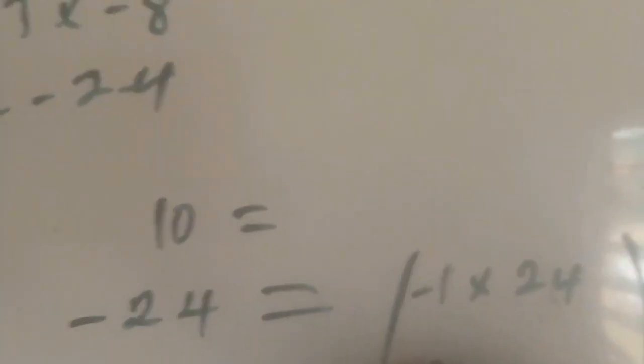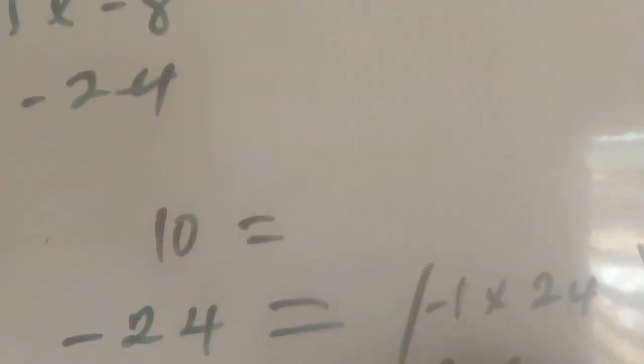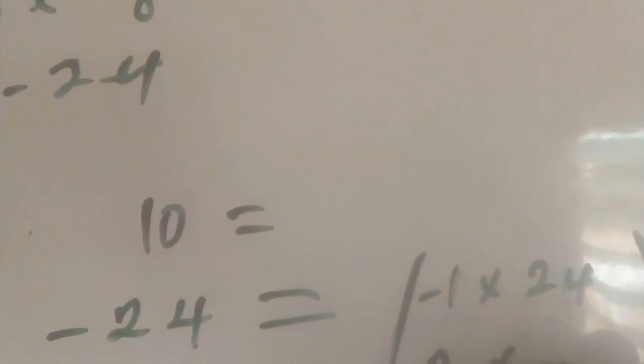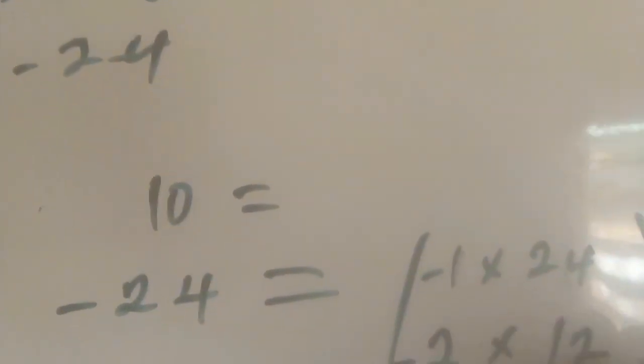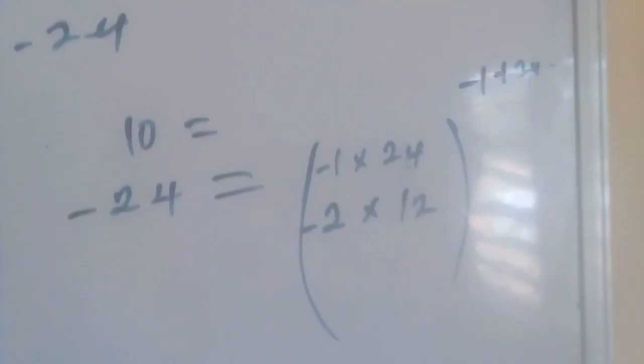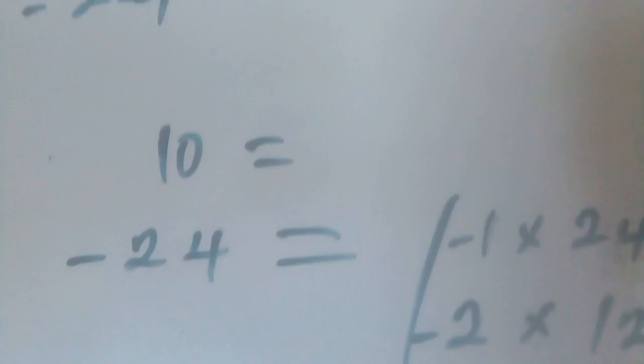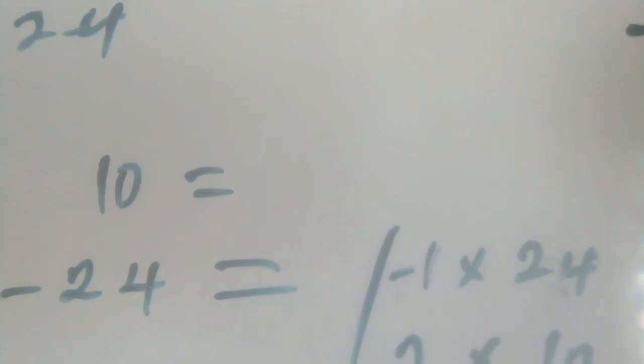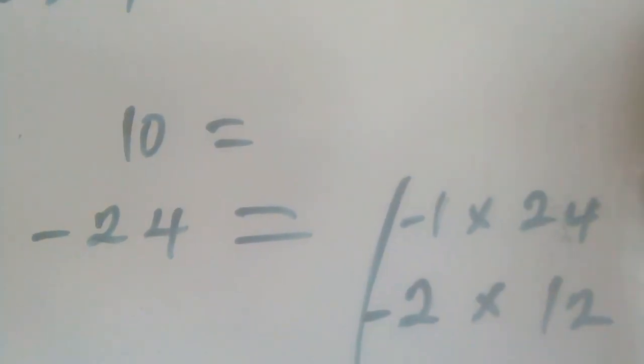We have minus 2 times 12. You can see that minus 2 times 12 will give us minus 24. Let's look at minus 2 plus 12. That gives us plus 10.